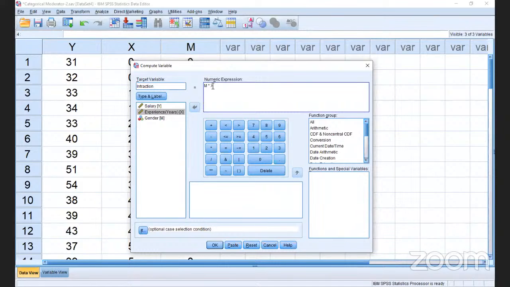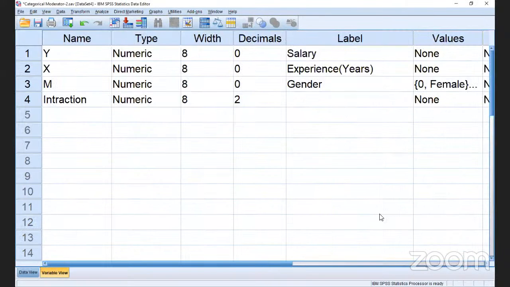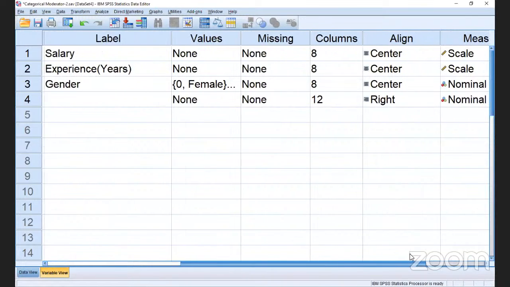This is the interaction multiplication, and then continue. And after continue, where is my file? Categorical moderator 2. Now you can see the data.